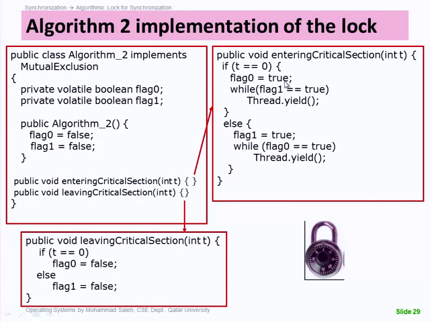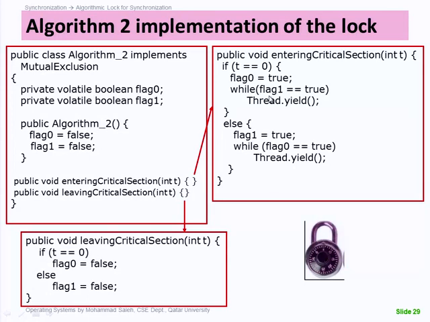Now, thread 0 willing to enter the critical section sets the flag to true and then checks the flag of the other thread. While the other thread is willing to enter its critical section, I'll suspend myself. Means being nice to the other thread, giving a chance to the other thread to enter its critical section.